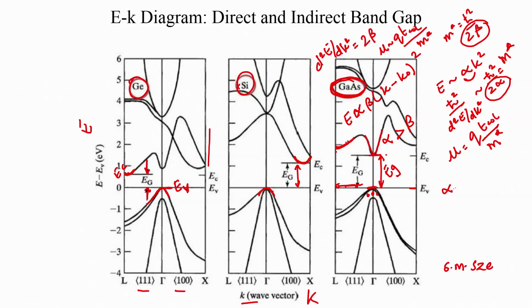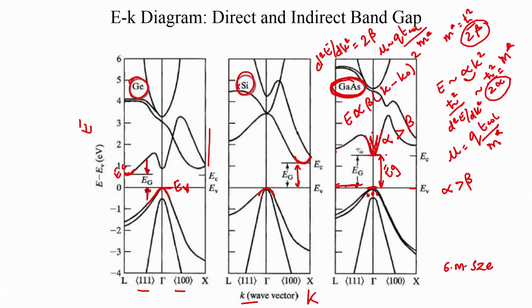So if alpha is much greater than beta, then the effective mass of the electron sitting in this valley is lower as compared to the effective mass of the electron sitting in the valley here, or in other words, the mobility of the electron sitting in this valley is higher as compared to the mobility of electrons sitting in this valley.